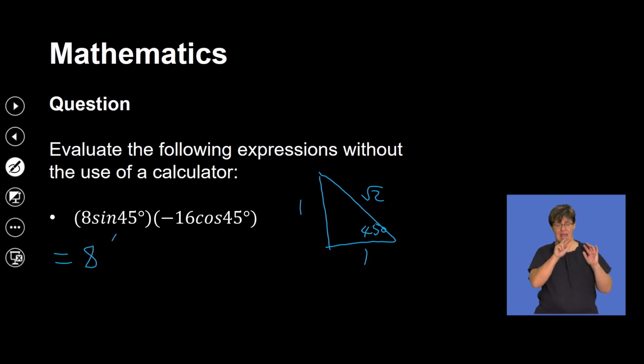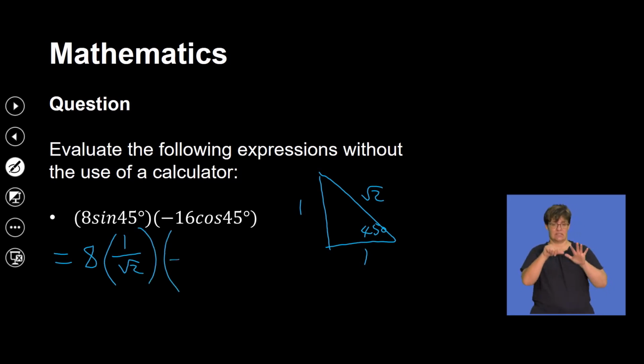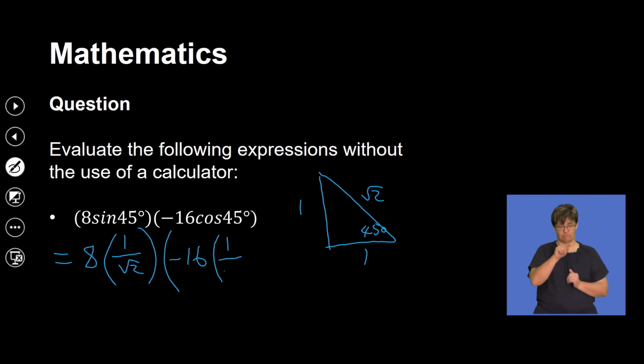So this will be 8 into sine 45, which is 1 over square root of 2, and then negative 16, we multiply it by cos of 45, which is also 1 over root 2.